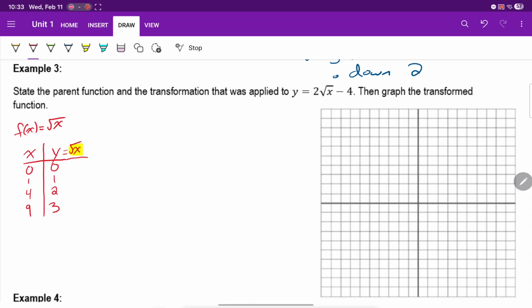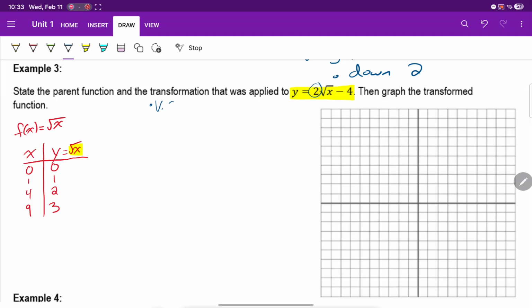Now we're going to take a look at the transformations in our function, determine what our mapping notation is going to be, and then apply mapping notation to our parent function coordinates. So to begin with, we'll just identify what the transformations are. The first transformation is this 2.